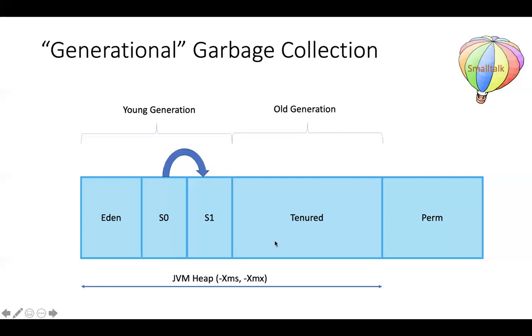There used to be a large object space, so if you loaded a gigabyte image file or something like that, it wouldn't blow your Eden size. I'm not sure what they do currently with large objects, but there have been various protocols for dealing with them. Okay, makes sense? Any questions?